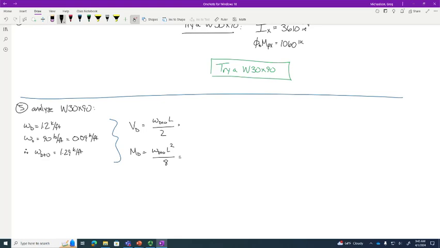So when you update these, remember L in this case is 35 feet. So when you update these, you get 22.58 and you get 197.53. And remember, we do still have VL is 20 kips and ML is 350. So with these, what we can do is compute new shears and new moments.